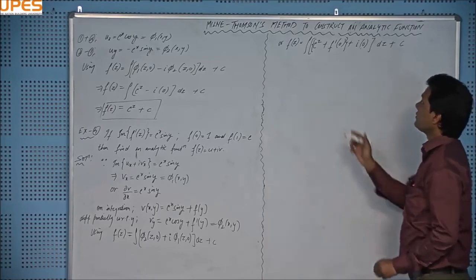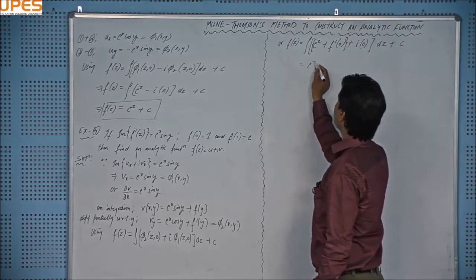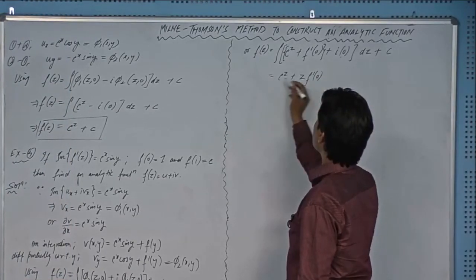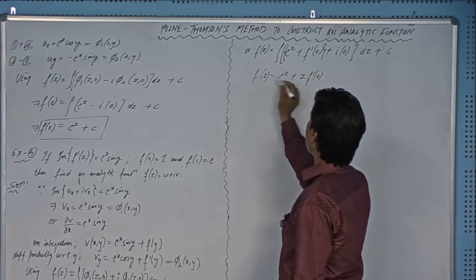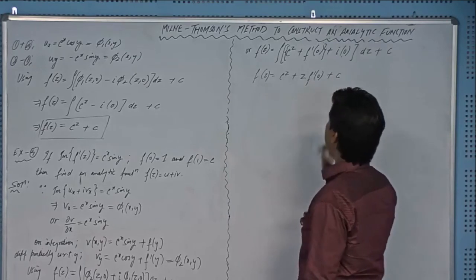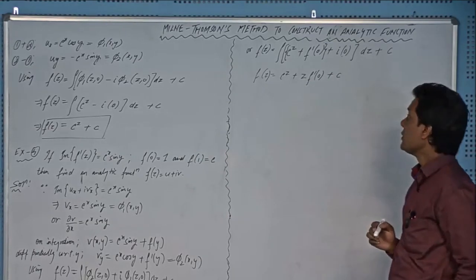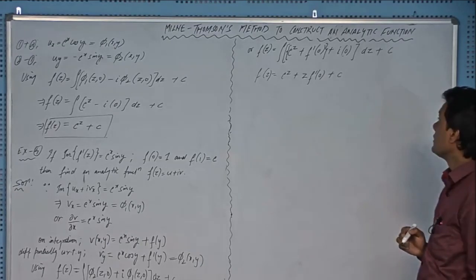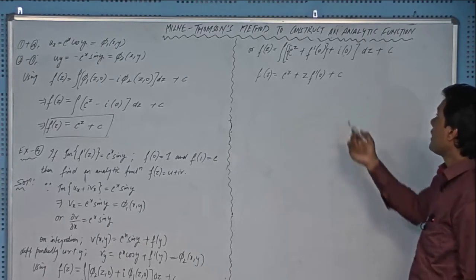On integrating it I will get e to the power z plus z times f dash 0 plus c. So this is the value of the function.